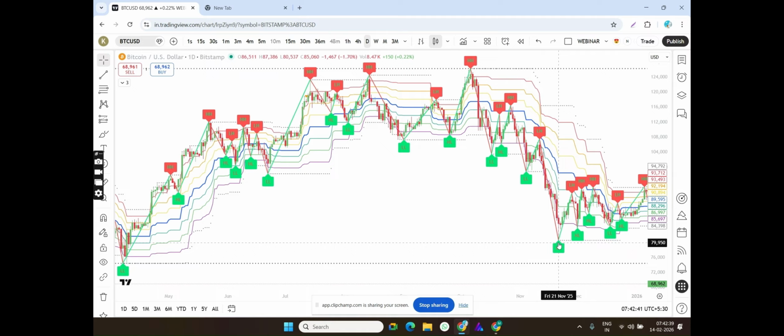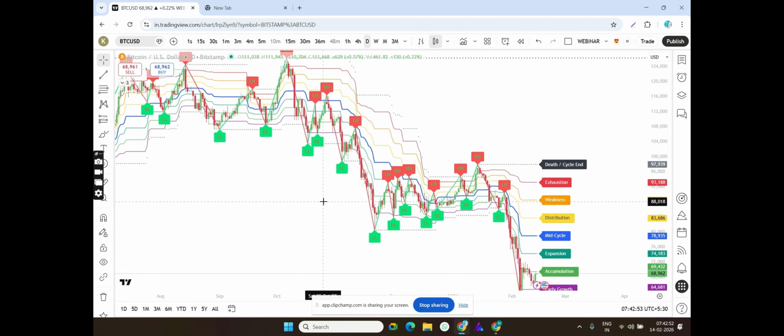You will see the trend line was nearly back tested here. Currently there was a consolidation shown by the flat line here, and this was the higher high.